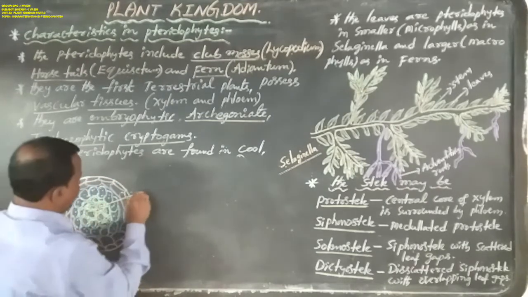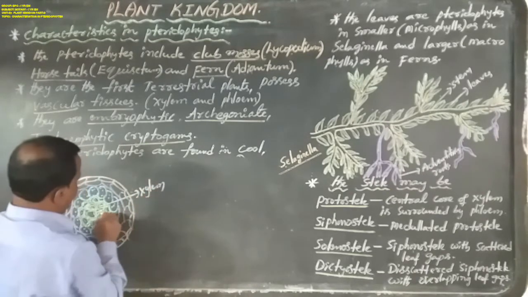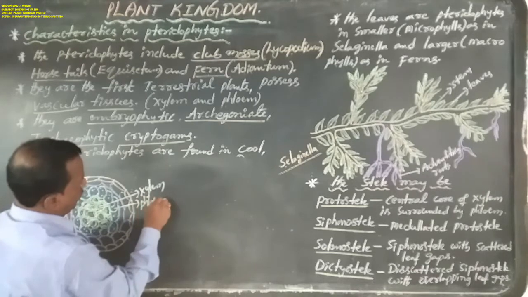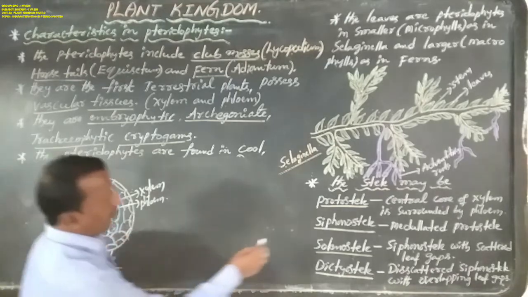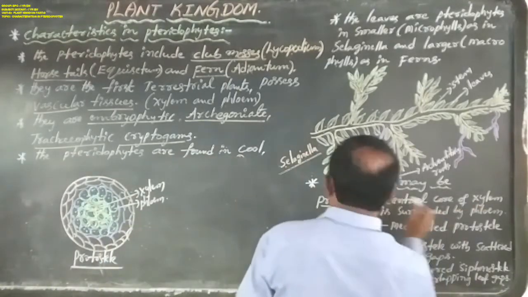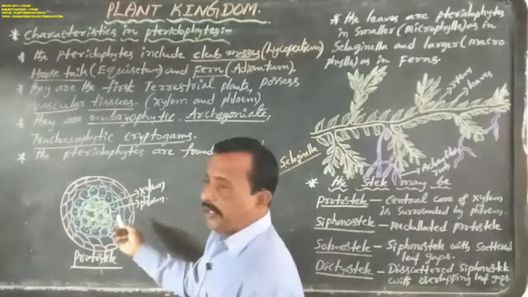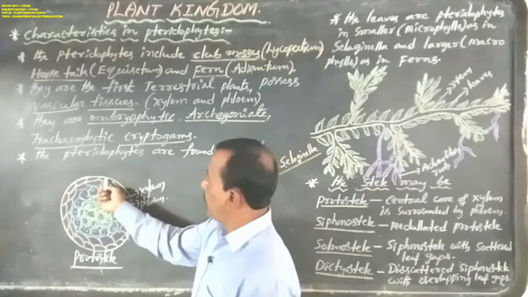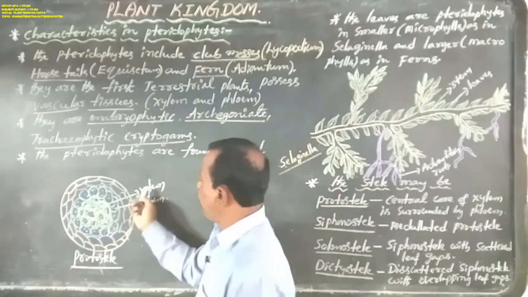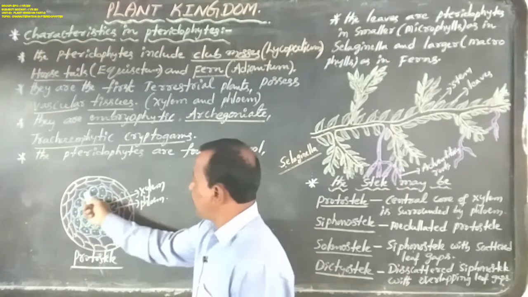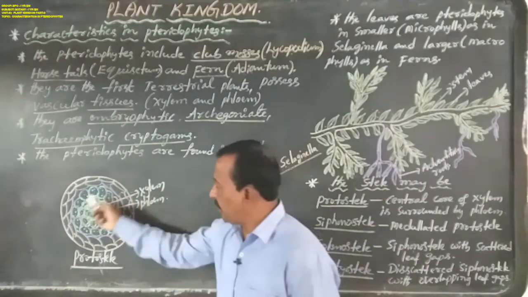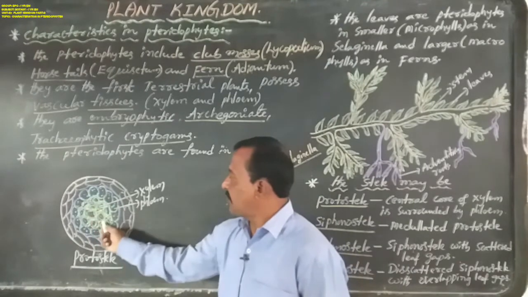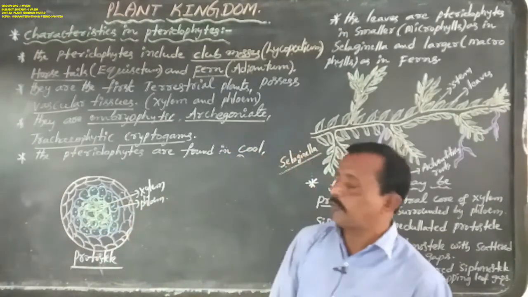So this is a protostele, with xylem at the center and phloem around it. Protostele is one type of stele, where the central core of xylem is surrounded by phloem.